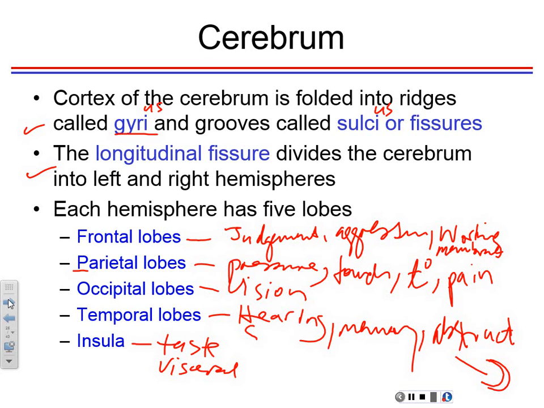Anything that deals with the visceral organs is part of the autonomic nervous system, because those are automatically controlled. That's the insula. Okay, so 5 lobes, 5 questions: functions, and name the lobes. That's a good 5 points, right?